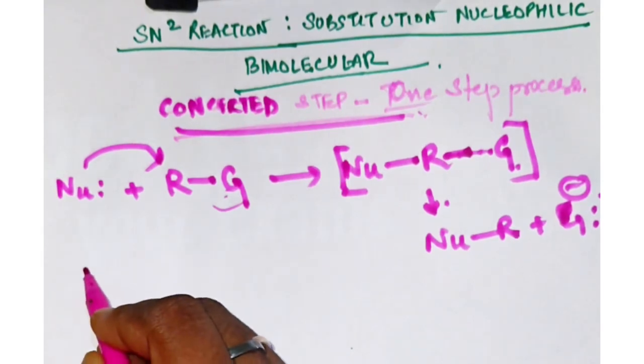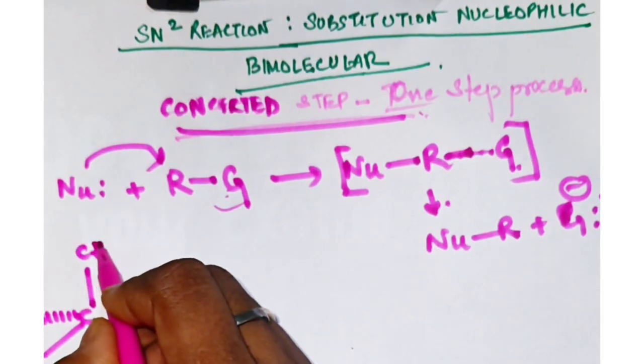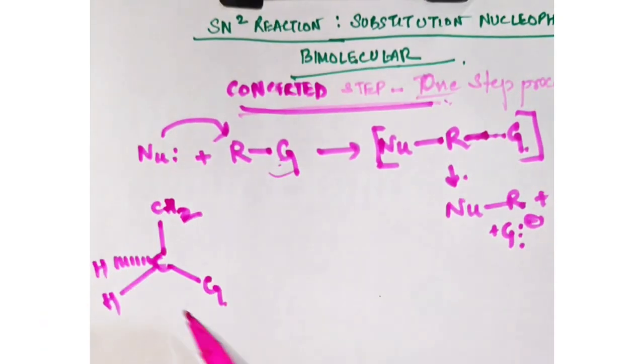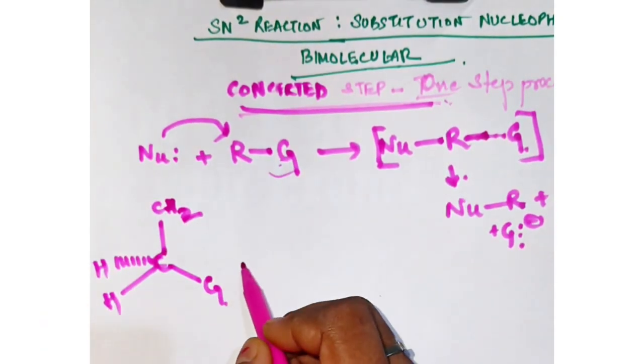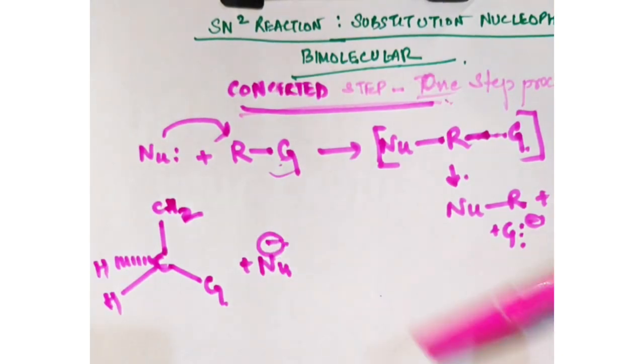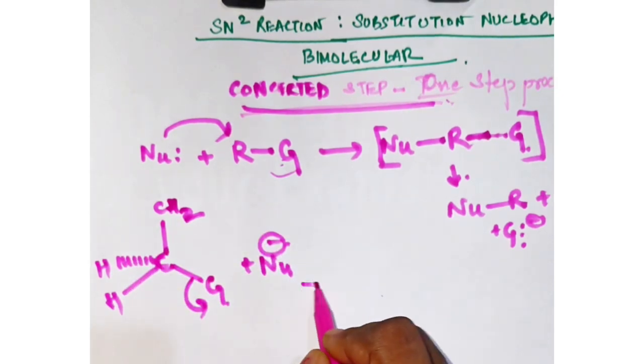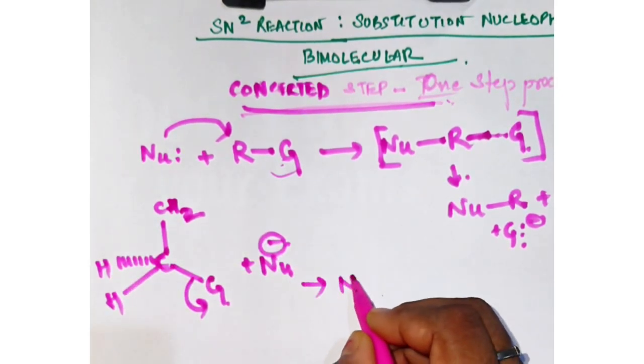Okay, so suppose this is the substrate, and this nucleophile is getting added to it. What will happen is, this leaving group will leave and the nucleophile will go and attach in the opposite direction in this form.